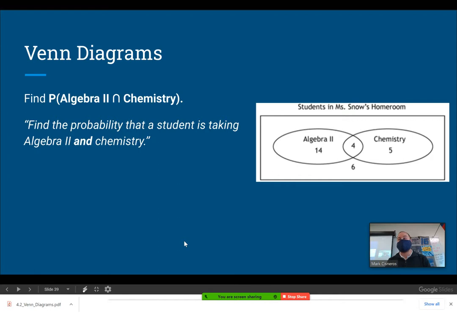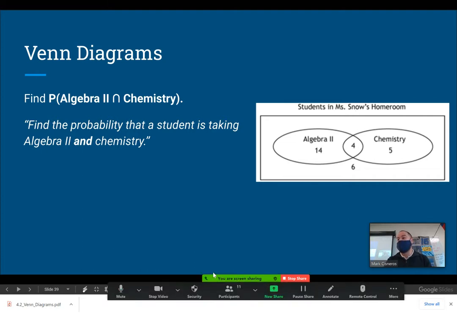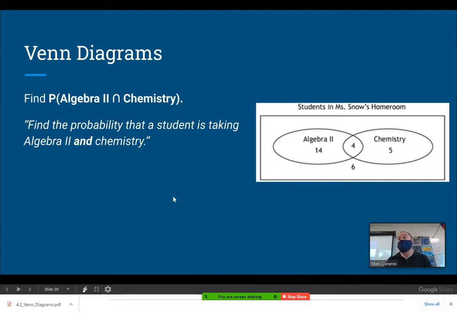We already answered this one. The word 'and' means they have to do both, so 4. So 4 out of, not 23, 29 still, out of the total. 4 out of 29. And then when you divide that, this is what you get.